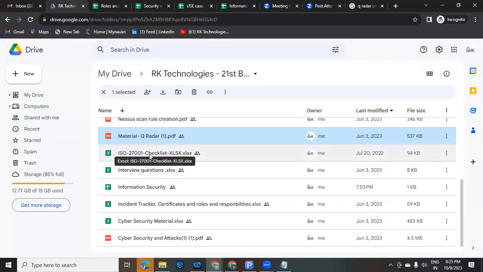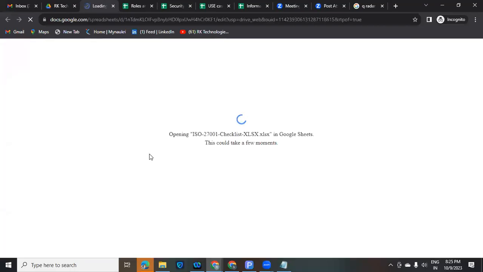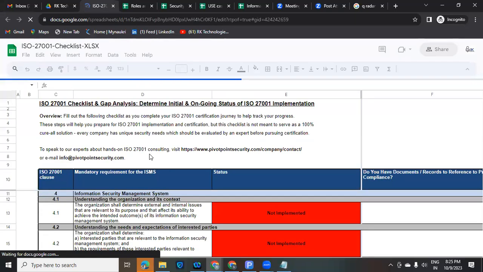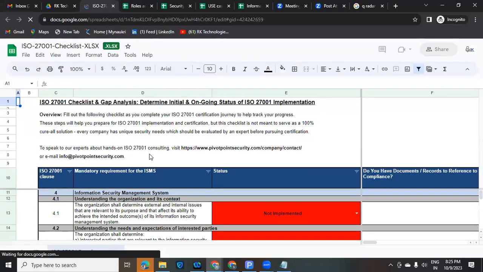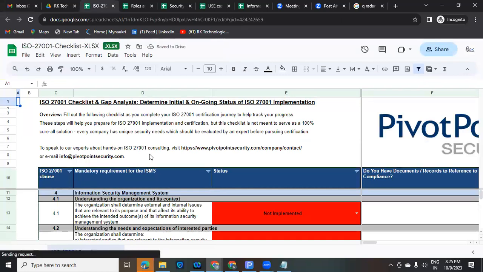Next one is the ISO 27001 checklist. This one I'm going to discuss tomorrow. It's a part of information security, basically. If you want to become an internal auditor in the security field, a chartered accountant will take care of the finance audit, and the security audit will be taken care of by the information security manager or internal auditor. So it is dedicated to security.